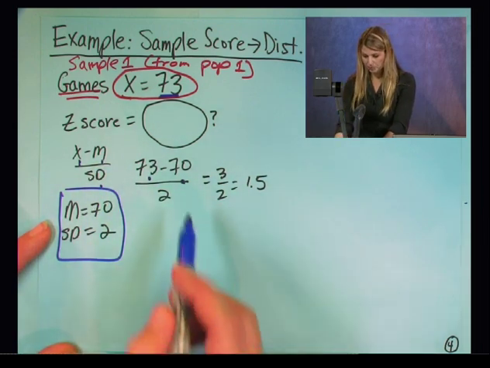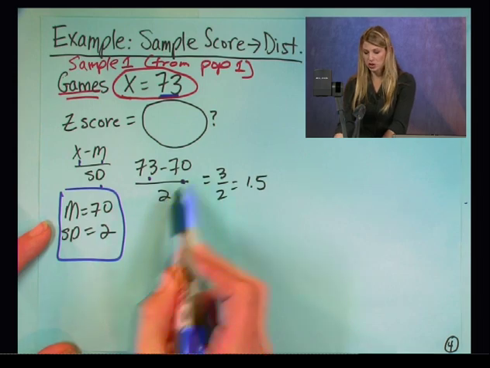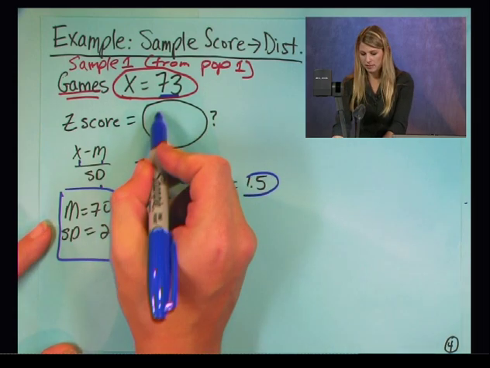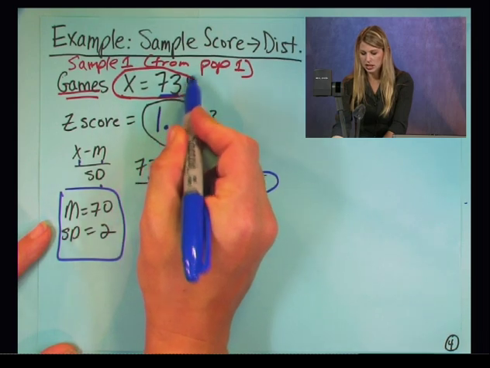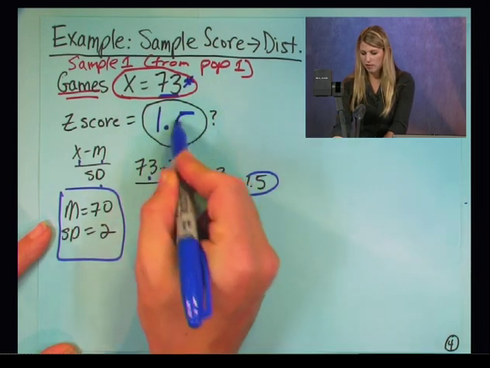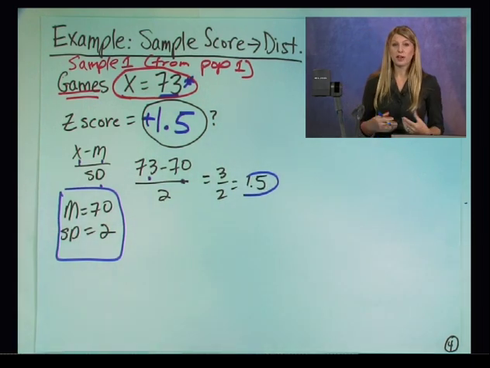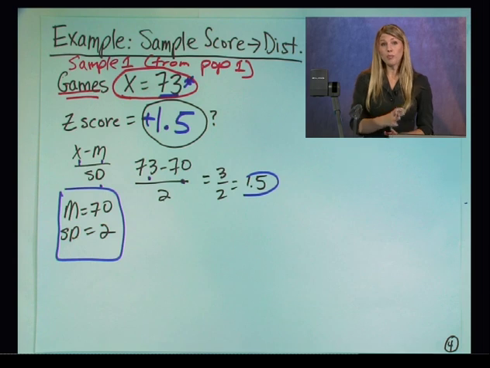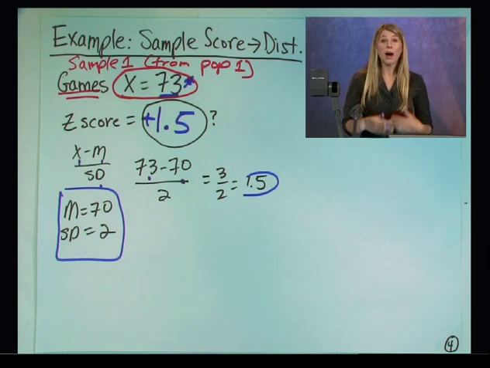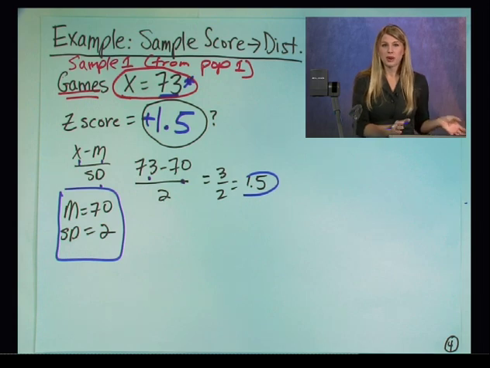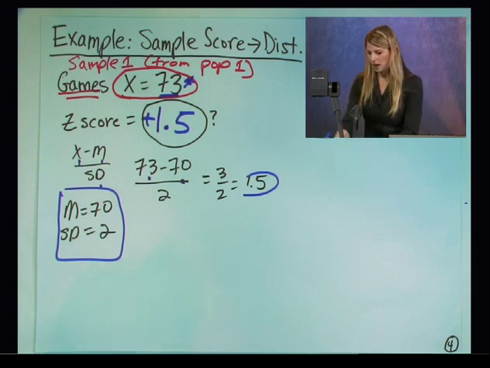You've done this before. You divide by standard deviation, you get 3 over 2, and that ends up being 1.5. So your z-score for this 73 is positive 1.5. So this means this one student who played video games for 2 hours scored 1.5 standard deviations above the mean of population 2, or kids who never play video games.